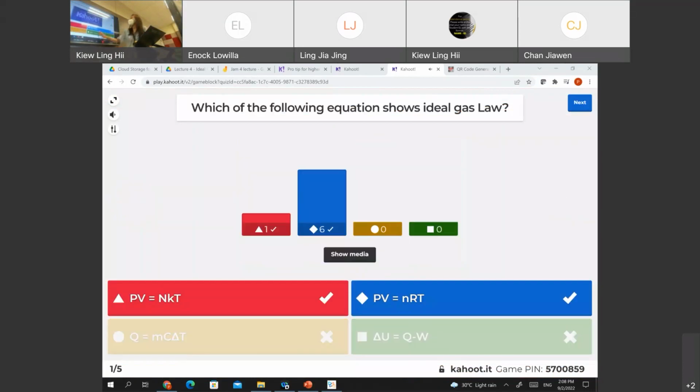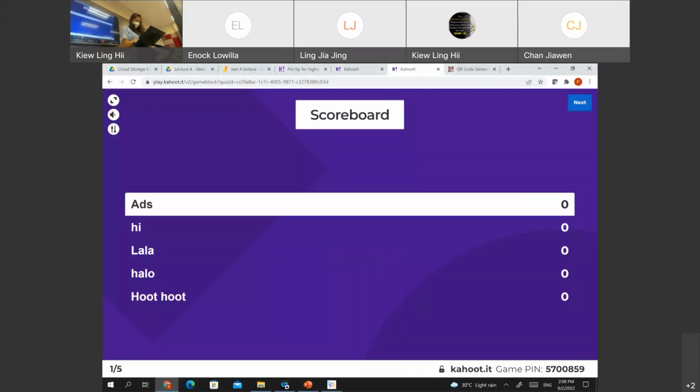They are both showing the ideal gas law, PV equals nRT or PV equals NkT. Very good.